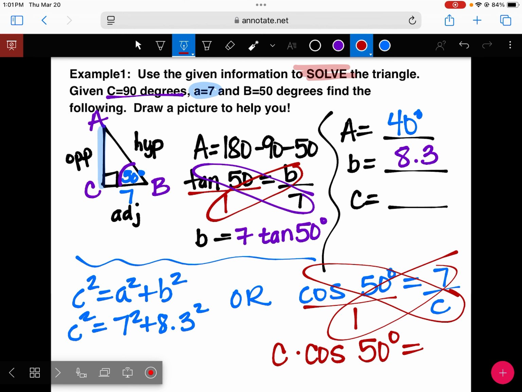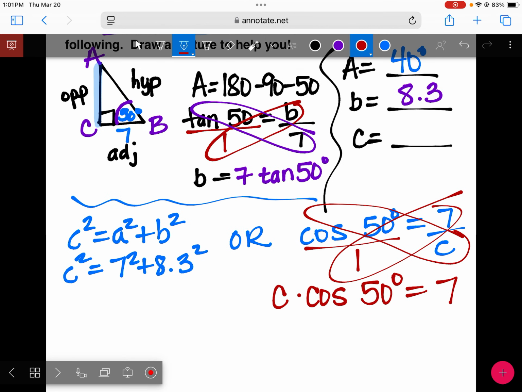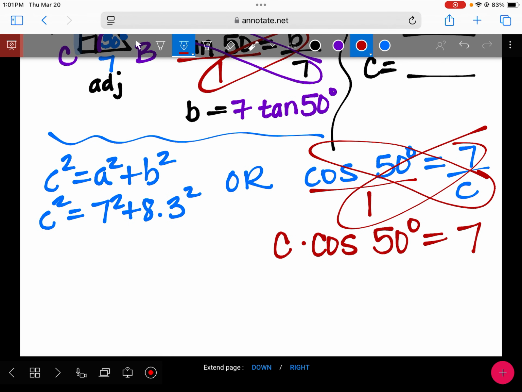Equals, and you go this way, 7. So you would divide both sides, and you would get c equals 7 divided by cosine 50. So what I want you to understand is that both of these methods get you the same answer, and I really don't have a preference of which way you go.